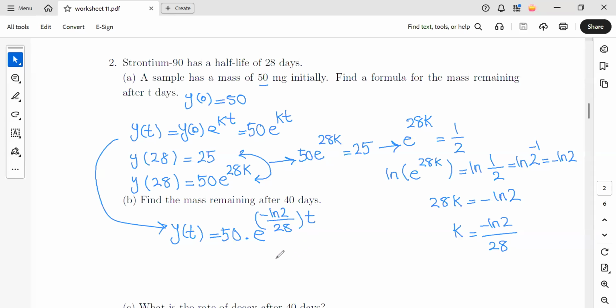Again, using the formula that says e to the power ln of whatever you have is the same as that number, we can rewrite it as 50 times 2 to the power negative t over 28 as the model or the formula here. So keep this somewhere. I'm going to erase the board, but we need to use this formula.